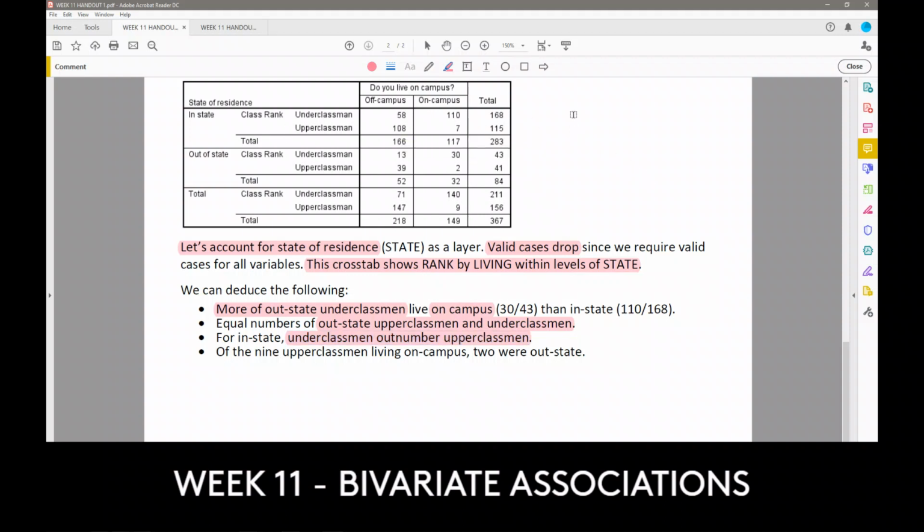We can see this in the totals derived on the rows. And then finally, of the 9 upperclassmen who are living on campus, 2 were out of state. So on campus, upperclassmen, out of state, there's 2 of them here.